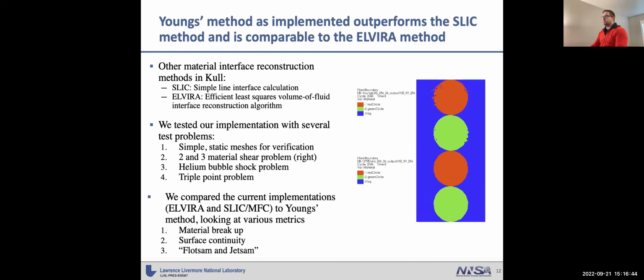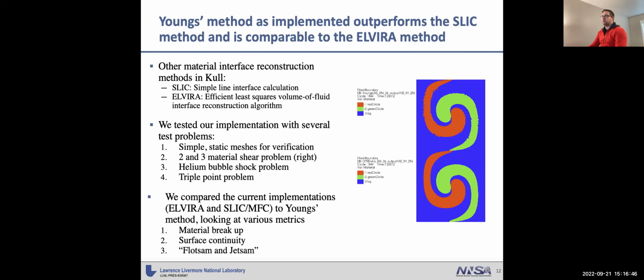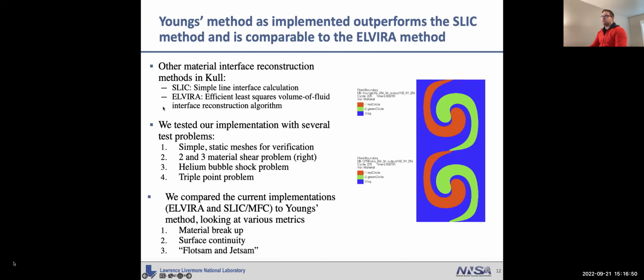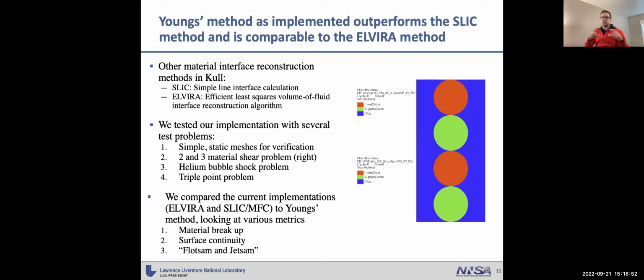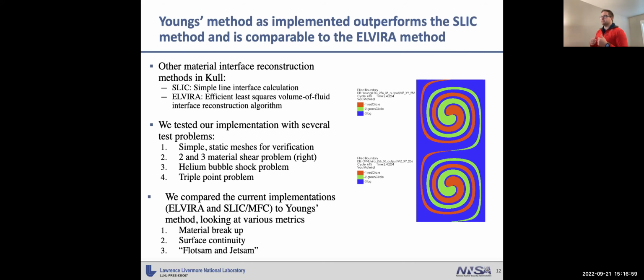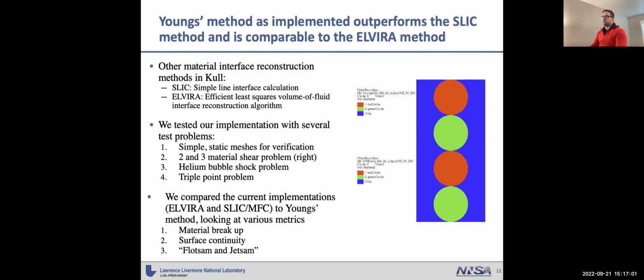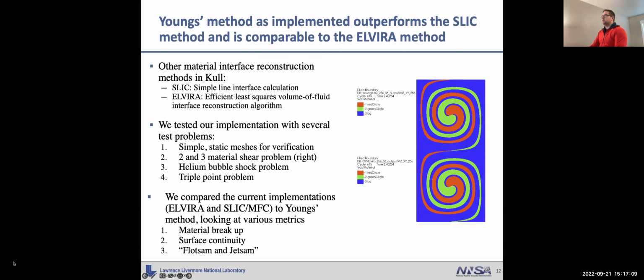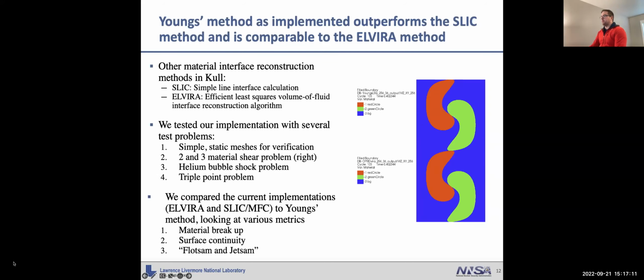So same idea, but lower order. And then Elvira is a pretty robust algorithm, but it requires a structured grid stencil. So for most of the time, Elvira works perfectly fine. But because Kull is an unstructured grid code, sometimes Elvira doesn't work as well. And so that was the motivation for a native unstructured code or method.